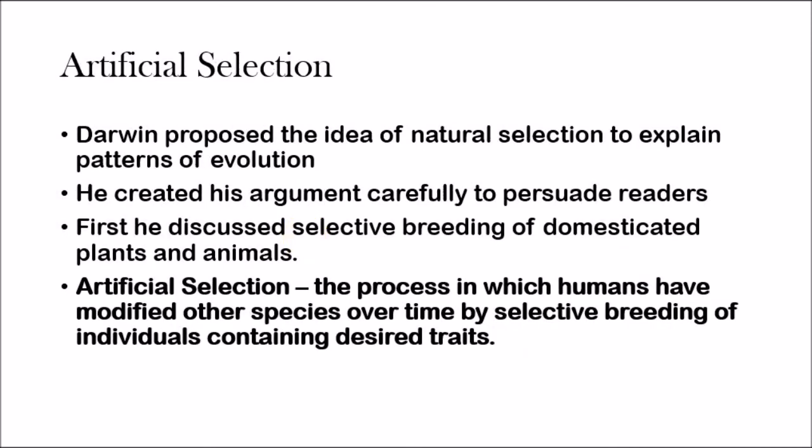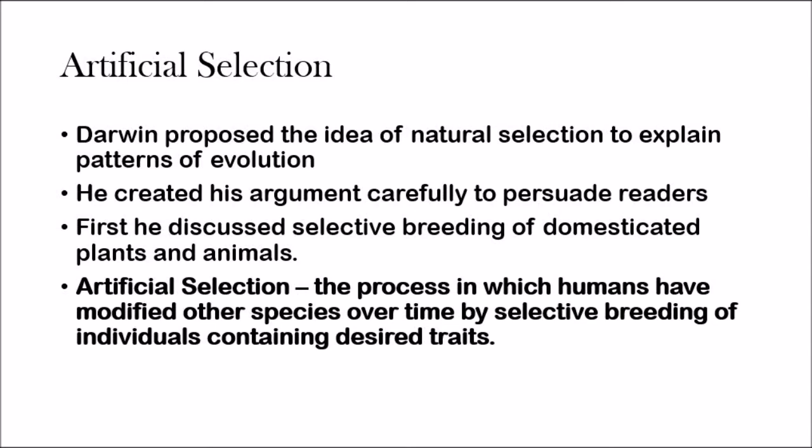Another big part of Darwin's book was, again, a very, very new idea. So Darwin had to really think on how he was going to convince the scientists at the time on how evolution works. So he actually talked about how artificial selection can be related to natural selection.